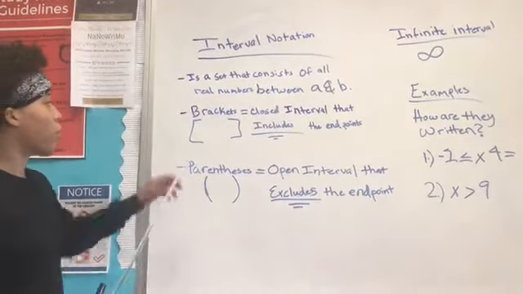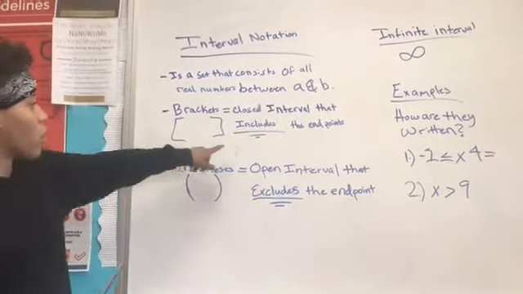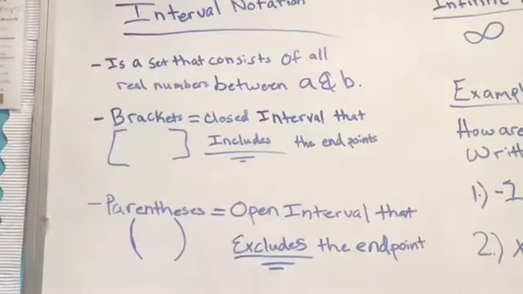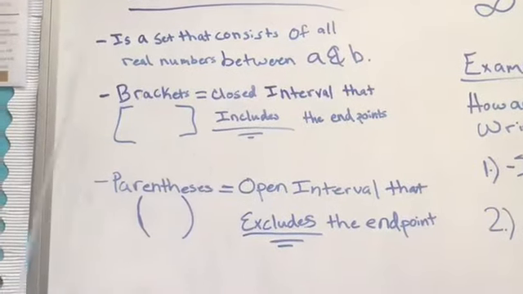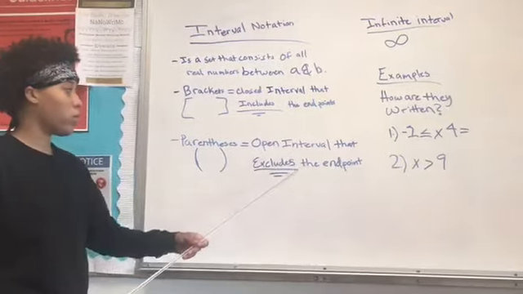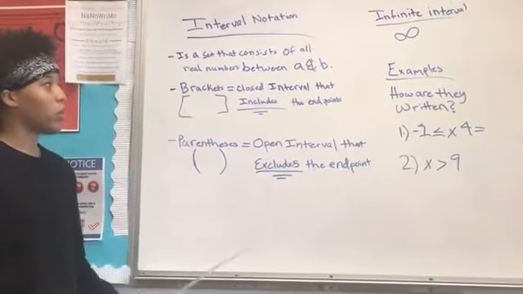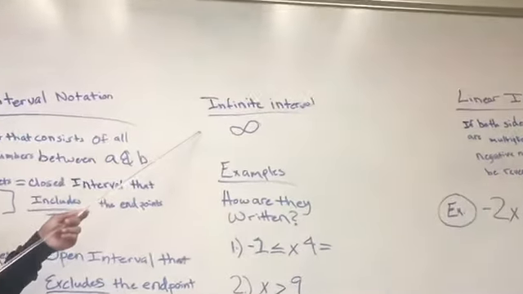Now, there are brackets and there are parentheses. Brackets are closed intervals that include the endpoints. Notice I said include. For parentheses, it's the opposite: they are open intervals and they exclude the endpoints. And then we have the infinity interval.